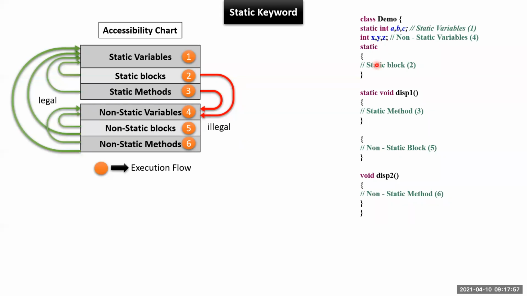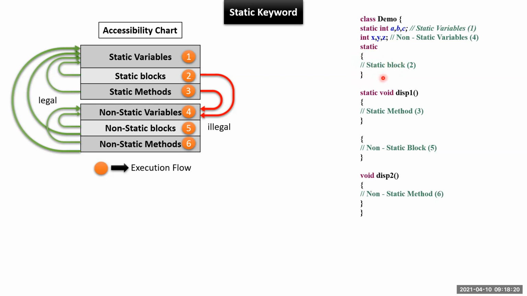A block is nothing but any number of statements written inside a bracket. Can you see this is the starting of the bracket and this is the ending of the bracket. Whatever you write between this, the complete thing makes it a block. But because it's a static block, we write static at the top.